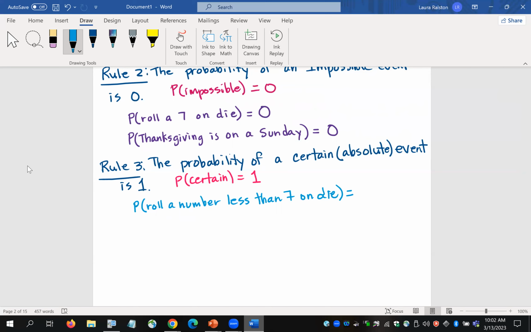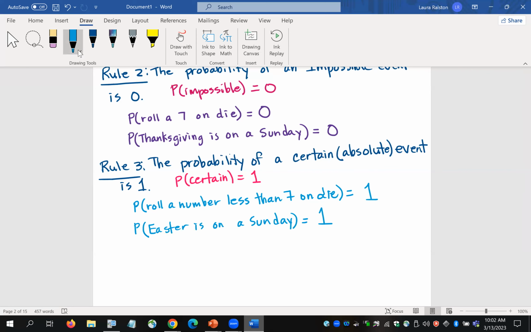So I'm always going to get a number less than 7. So the probability is 1. If I say, what's the probability that Easter is on a Sunday? There again, if you're familiar with the calendar that we use within the United States, Easter is always and forever on a Sunday.